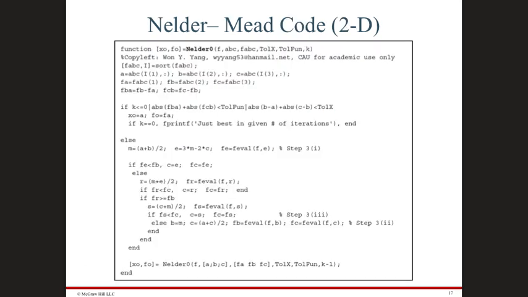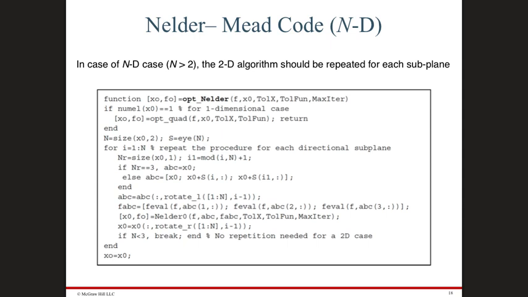So that's the code for the two-dimensional case, and this is how you can iteratively call that two-dimensional code to handle more than 2 dimensions in your search space, okay?